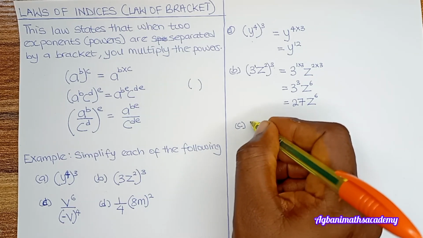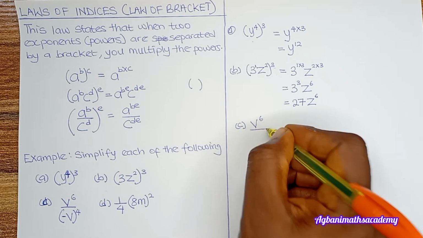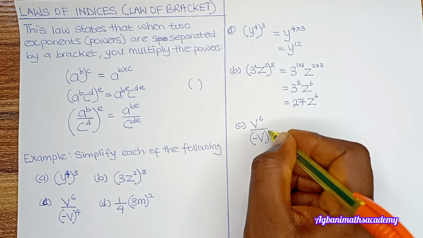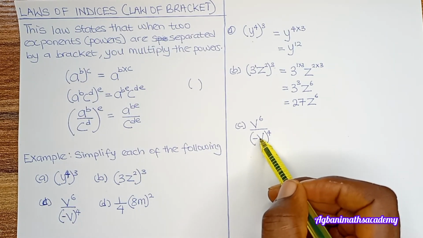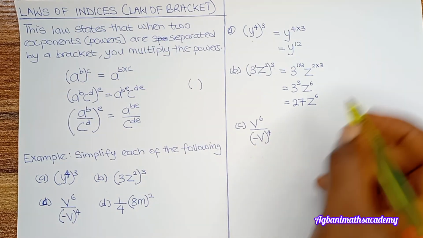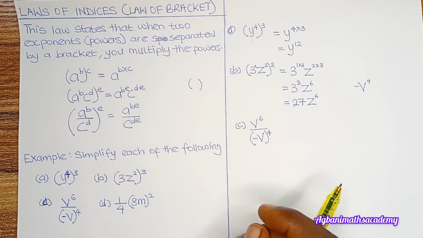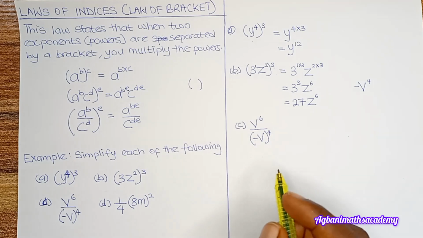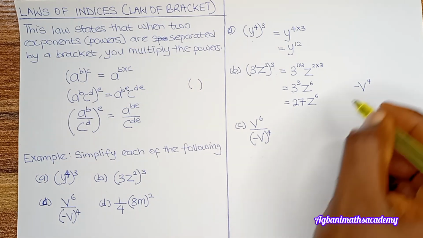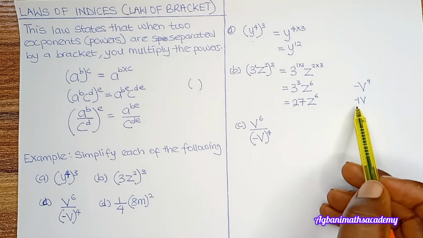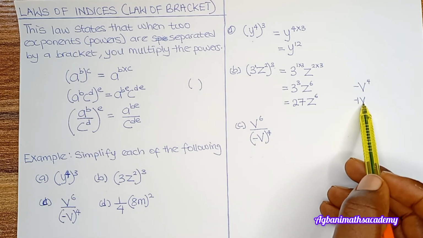So let's look at C. C, we have v to the power of 6 divided by minus v to the power of 4, all in brackets. Now, minus v to the power of 4 in brackets is different from minus v to the power of 4 without the bracket. Now, this 4 is multiplying both v and the invisible minus 1, because minus v is the same thing as minus 1v.